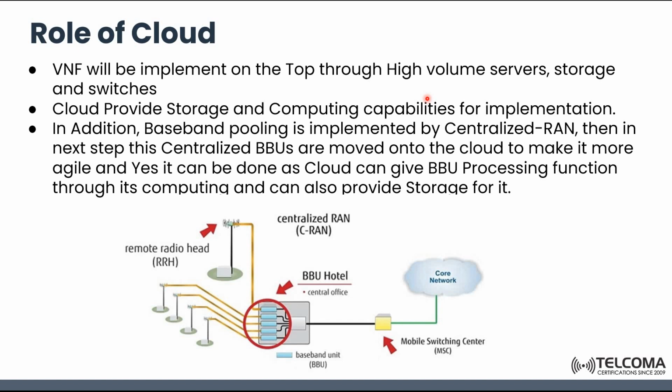Now in the next step, we are moving that centralized BBU onto the cloud, because the computing and storage can be provided by the cloud. So first the BBUs were on site, then they moved to a central office in the CRAN, then they moved to the cloud in Cloud RAN, and the way they are connected to the MSC and core is all the same.